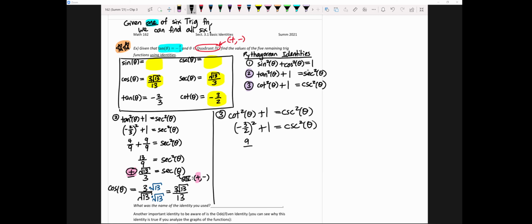This is 9 over 4 plus 1. But actually, we need a common denominator, so let's rewrite it as 4 over 4. There we go. That's equal to cosecant squared of theta. So cosecant squared of theta is 13 over 4. That means that cosecant is plus or minus square root of 13 over 2.